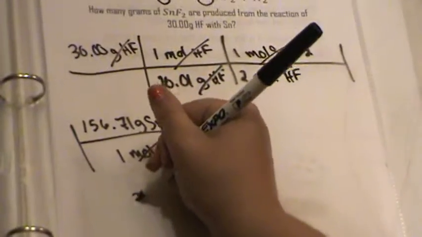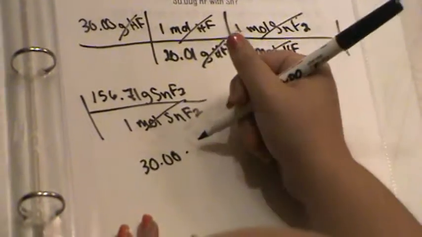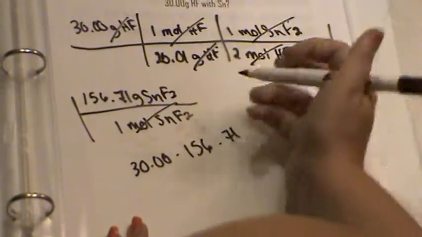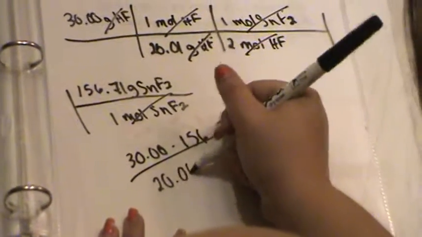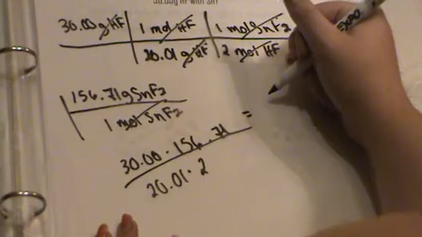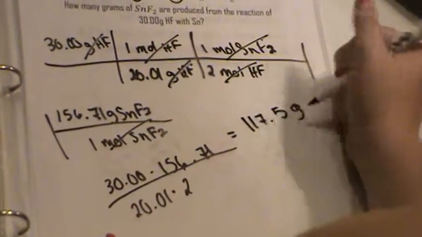So you're left with 30 times 156.71 over 20.01 times 2. And this equals 117.5 grams.